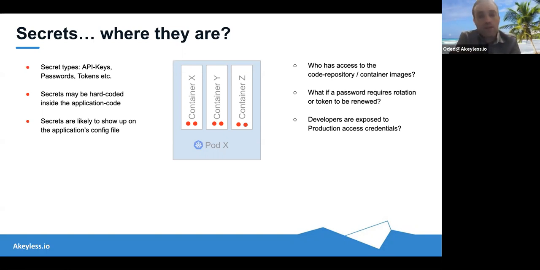Now, what happens if the password itself requires rotation? You need to reissue a new image. What happens if a developer or any other DevOps engineer can see those passwords and credentials to the database? Basically, when you keep it within the image of the container, those secrets are exposed to any external threat, either machines or any human threat that can actually grab those secrets outside.